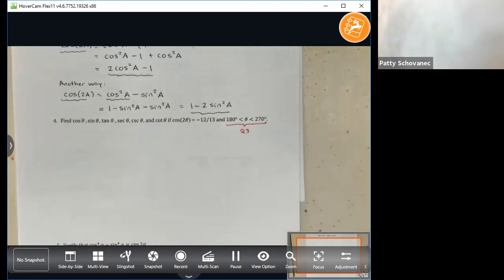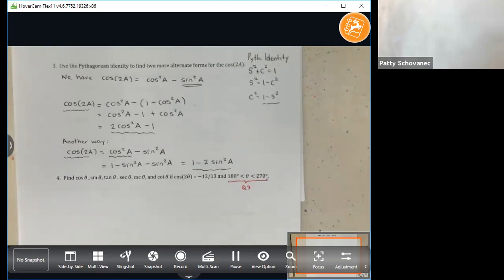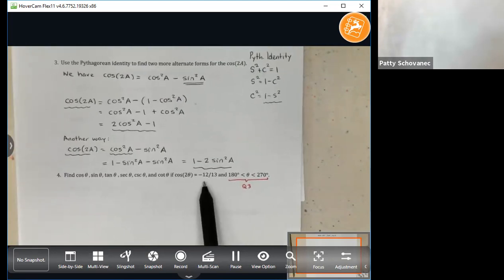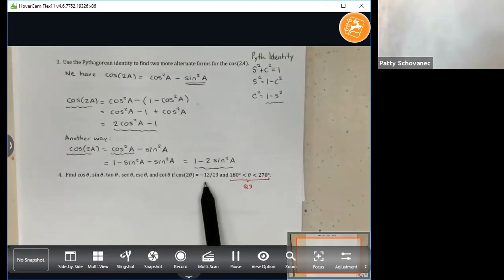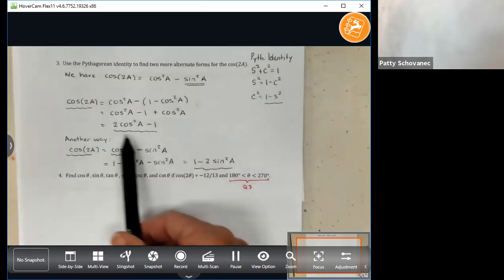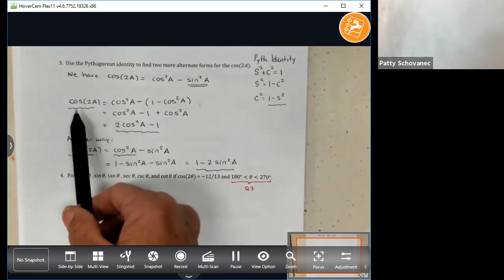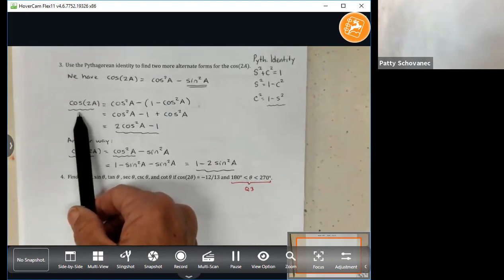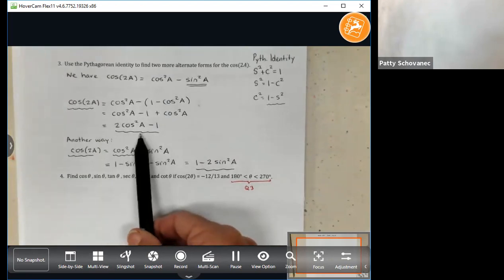So I need to go from information about the double angle to give me information about the single angle. So I'm going to start with, well, let's see, I know cosine of 2A, but I don't know these two. So I'm going to maybe start with the middle one. I know this number. I'll put that number in here and I'll solve for this number here.